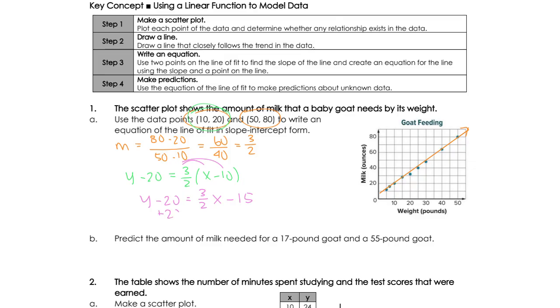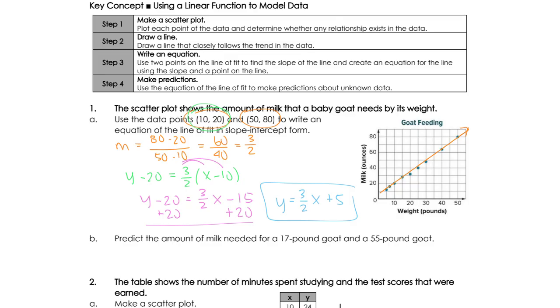And then we're going to add 20 to both sides. And when we do that, we get y equals 3/2 x plus 5 for our final answer here for writing the equation.